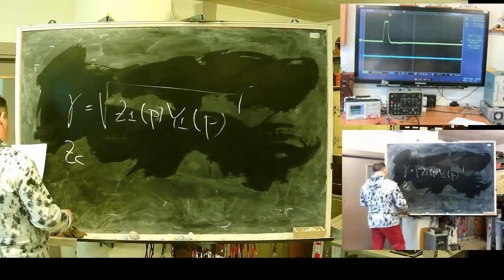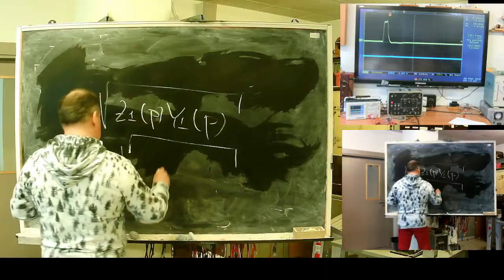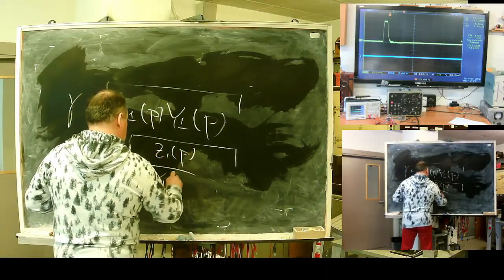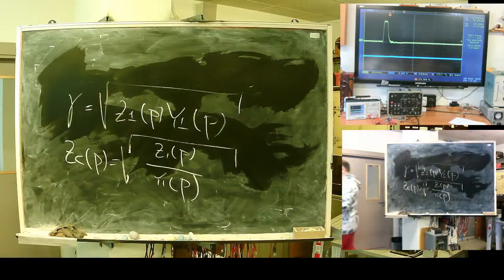Wave resistance here will be a function of complex frequency, divided by one, wave resistance.